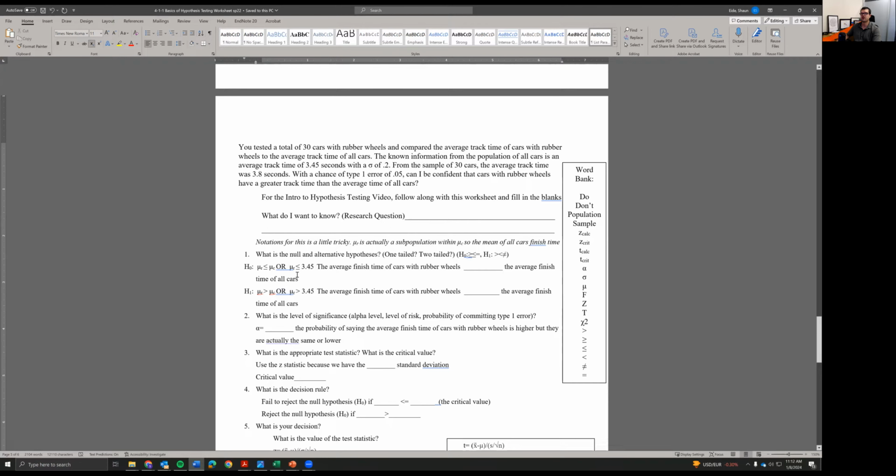So we've got rubber wheels, and then compared to all cars. So the average finish time of cars with rubber wheels is less than or equal to the average finish time of all cars. And then the average finish time of cars with rubber wheels is greater than the average finish time of all cars. And so that's what you would put right here.